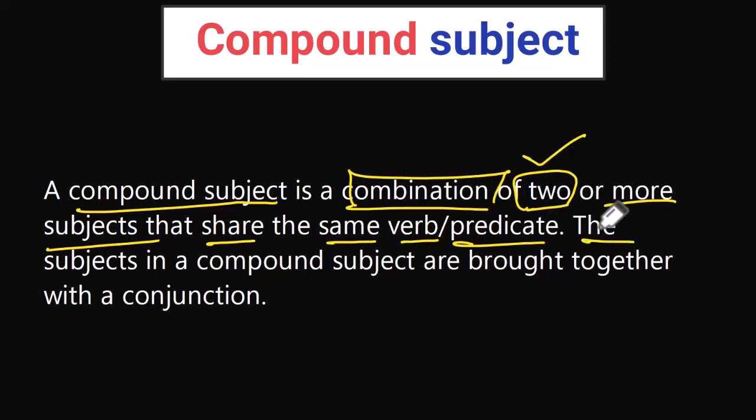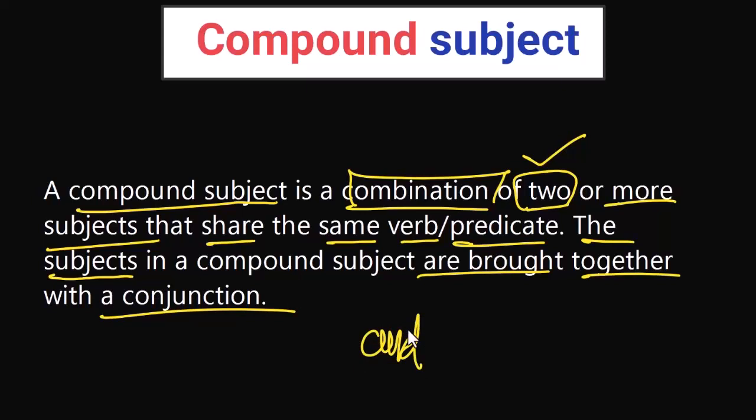The subjects in a compound subject are put together with a conjunction. Generally, the conjunction is and. The subjects are joined together with and or, but we can also use some other conjunctions which we'll talk about going forward.